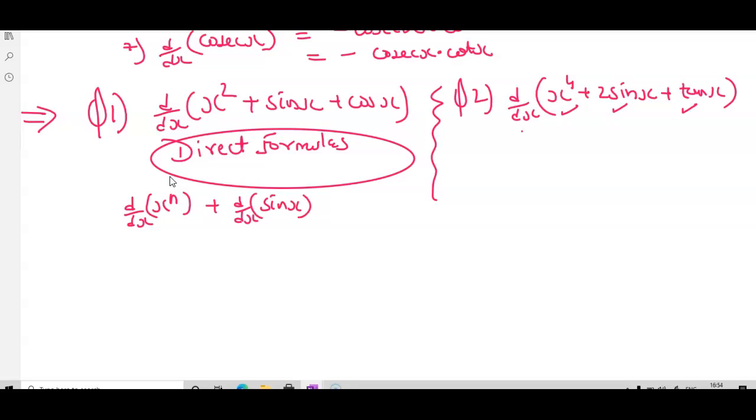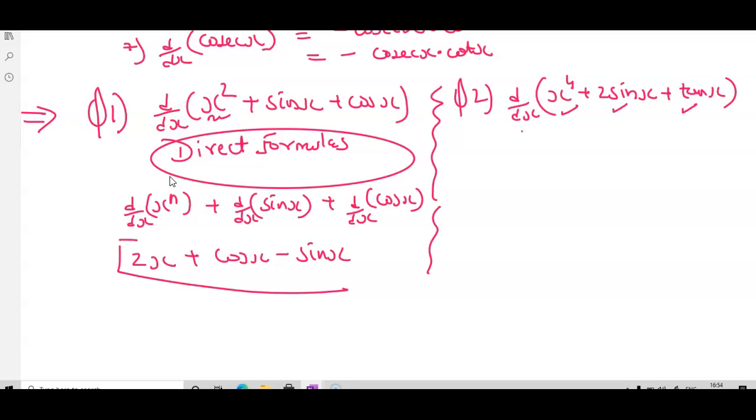Once you master this technique, there is no need, you can go directly. So written as d by dx of x to the power n, derivative with respect to x of sin x, and similarly with the cos x. It is of the type x to the power n, although it is x square. So using this technique you'll get 2x, you'll get cos x, and you'll get minus sin x. This is going to be the final answer for that particular one.